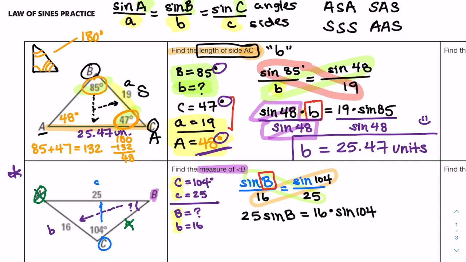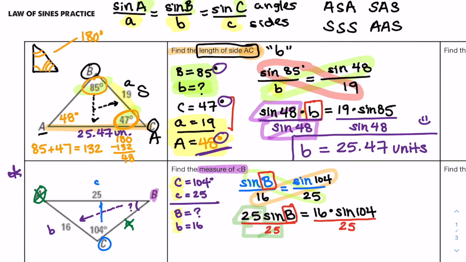And again, my goal is to get B alone, so I need to get rid of the 25. So I'm going to do that by dividing by 25. And this is where Desmos will come in real handy.